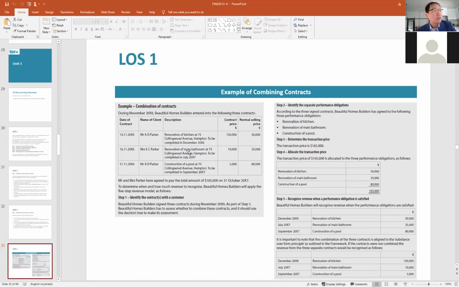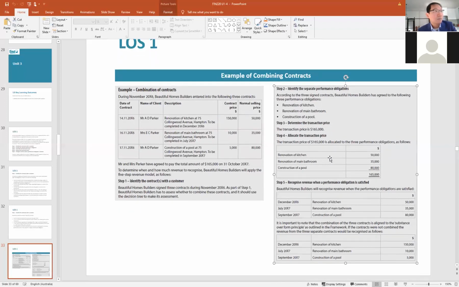And so in this case, it's going to become fairly obvious that we need to combine these contracts. What's happened is that the company has given a contract price to each of these services, which is going to be quite different from the normal selling price. And so what we need to do instead is combine the contracts and use the normal selling price as opposed to the contract price.